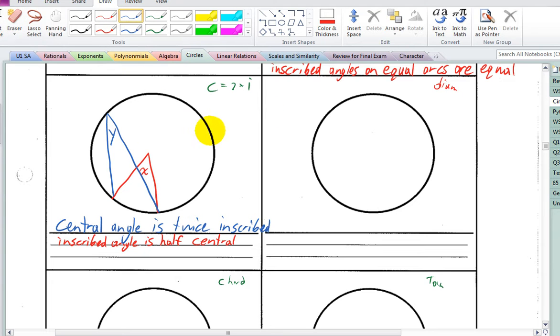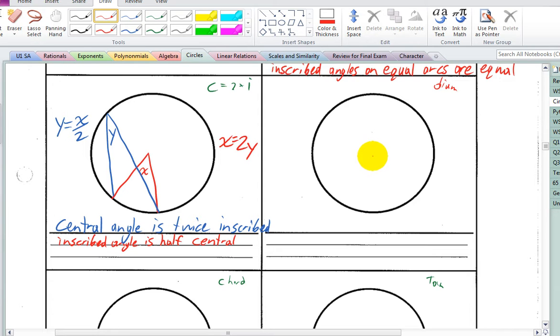I should write that in blue. And going the other direction, X equals 2Y. Okay, so you can do a little bit of algebra with that, and you saw that in your notes and also in your textbook to solve for X and Y if we're given some numbers.